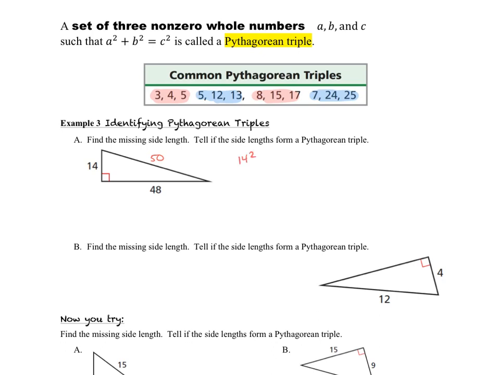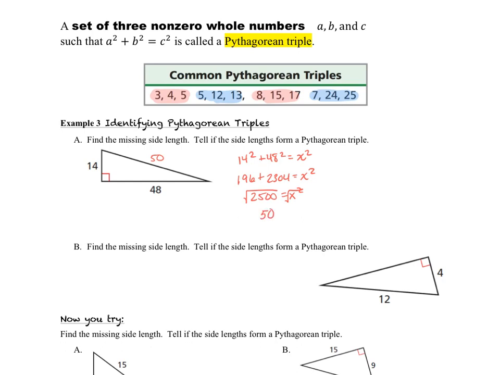Another way you could do this is, we didn't know the hypotenuse, so we put x squared there. 14 squared is 196 plus 2304 equals x squared. 2,500 equals x squared. So now we square each side, and we get 50.